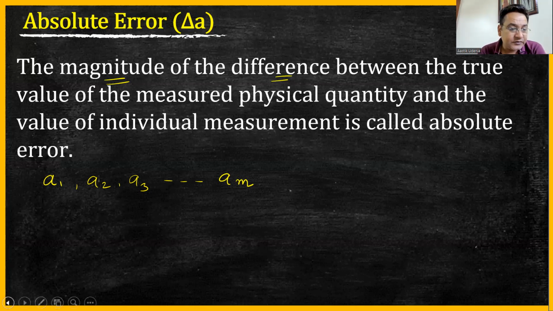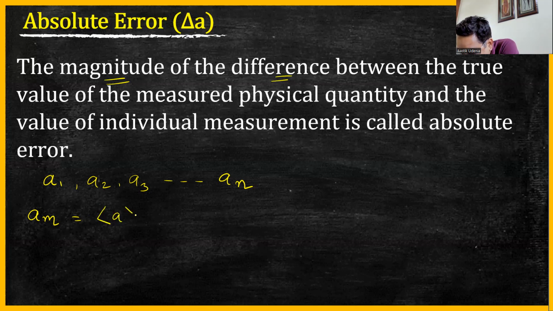These are my observations. From these observations, I can find the mean value or the true value, or the average value. It will be the summation of Ai, i equals 1 to n, divided by n. Yes or no? Yes, sir.